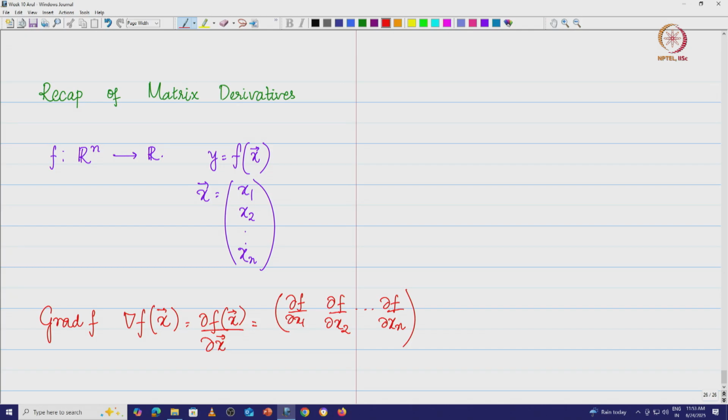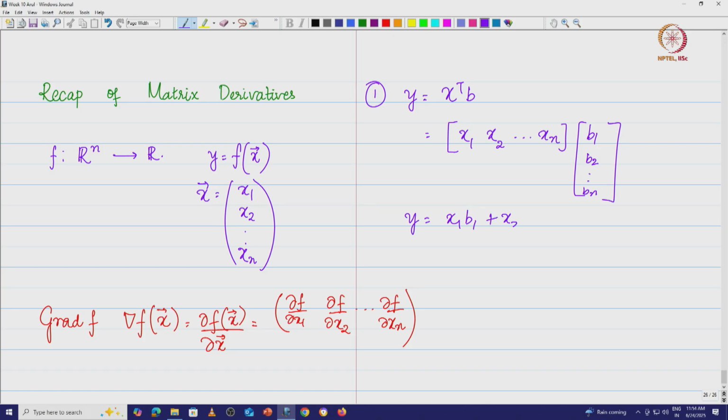The first one: let us say I have a function y is equal to x transpose b, which means this is of the form x1, x2, etc., xn times b1, b2, etc., bn. Now what we get is y is equal to x1 b1 plus x2 b2 plus etc. xn bn.